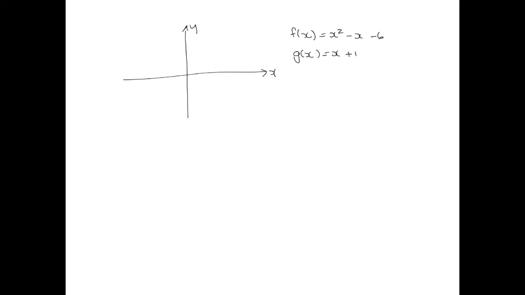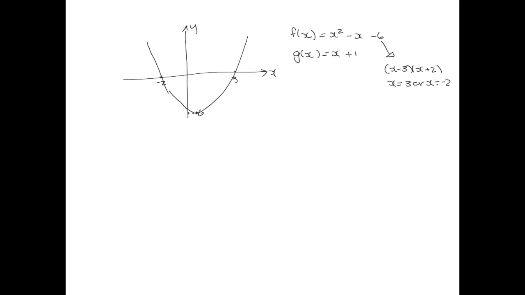So let's just draw this quite nicely. This one, if we factorize, would be x minus 3, x plus 2, which will be x equals 3 or x equals minus 2. So there's minus 2, and there is 3, and there is minus 6, and my graph will look something like that.